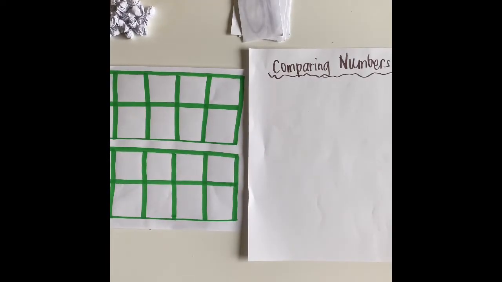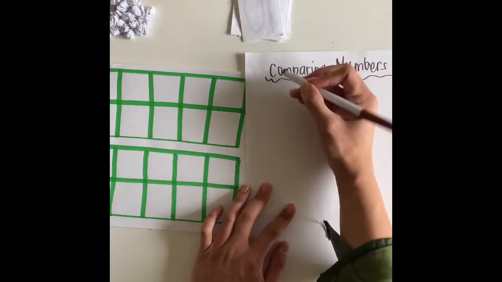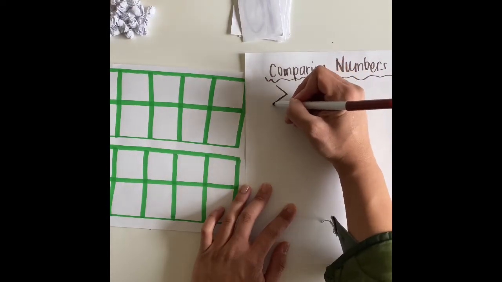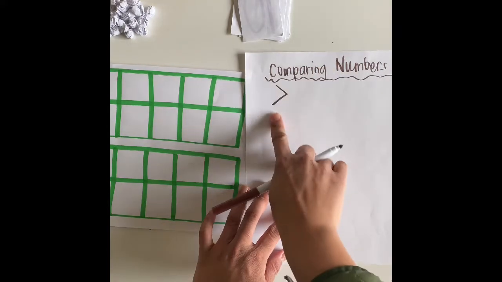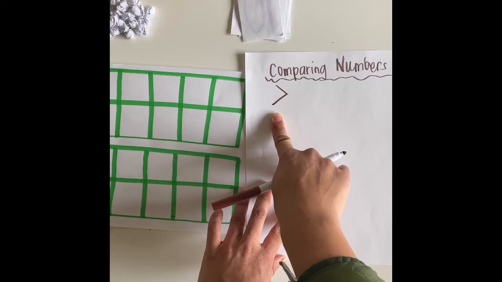Now, I mentioned our comparison symbols. Do you remember our comparison symbols? Let's see. I'm going to write them down below the title of our game. So, here's one comparison symbol. What symbol is that? Is it equal, less than, or greater than? It's greater than.